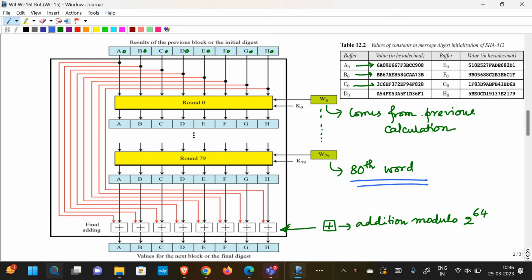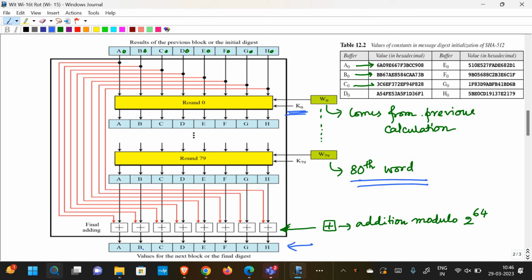What goes on inside each round is a discussion altogether. We'll discuss it next day. But basically, all this initial A0, B0 is fed to the round. W0 is the first 64 bits from the message itself. K0 is generated by the key coming in. That also is a discussion, I'll tell you. Based on that, we will find the final result.